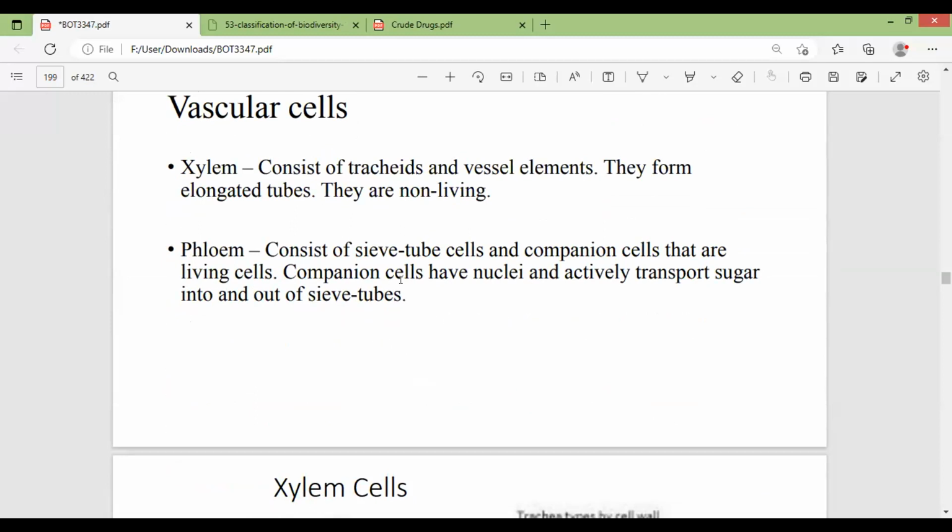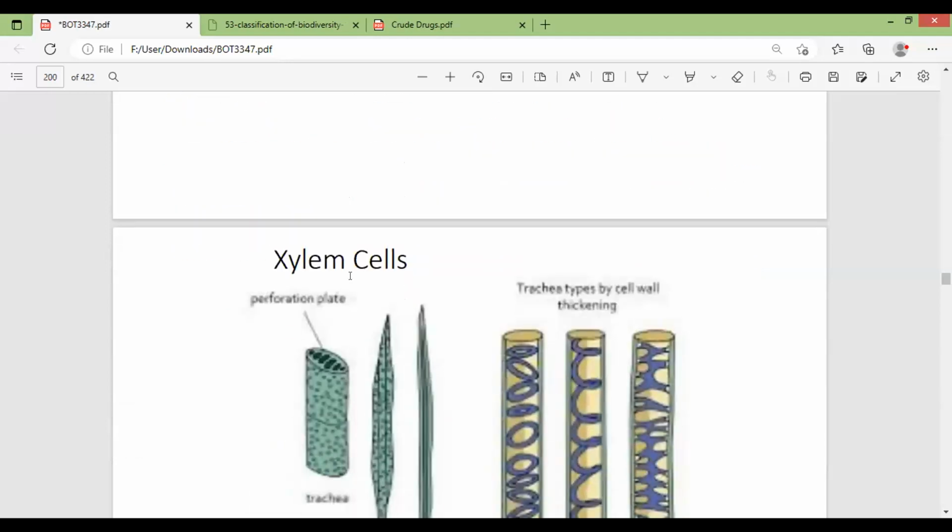Then when you think of phloem, sieve tubes and companion cells. Xylem majorly functions to transport water. Phloem transports sugar.